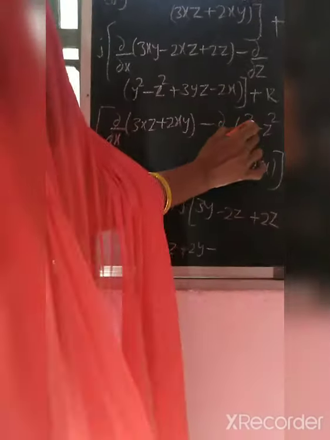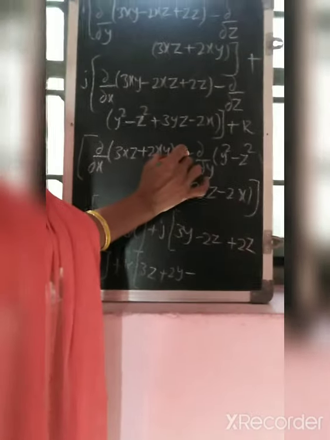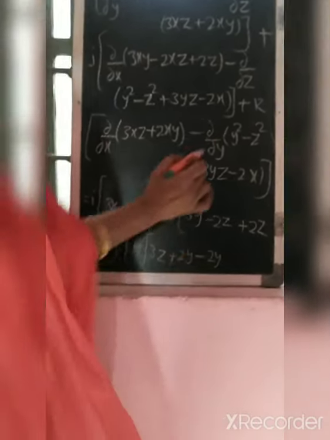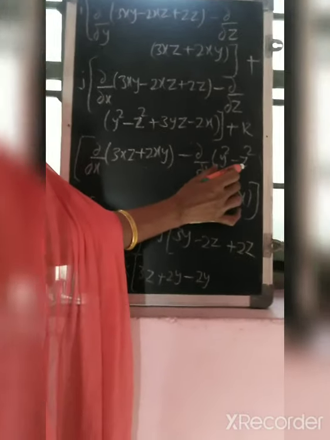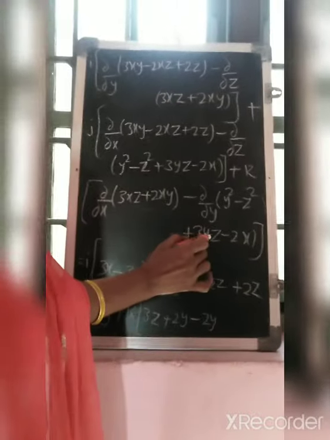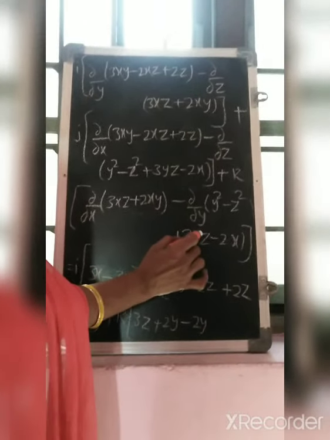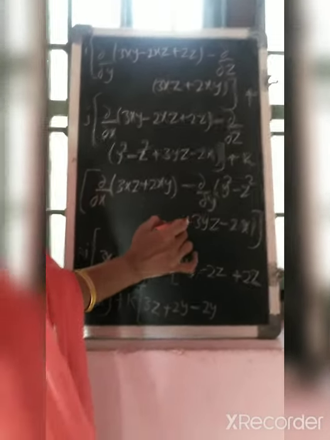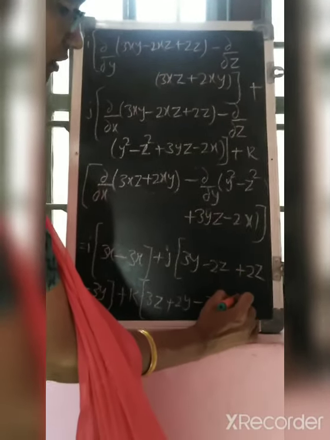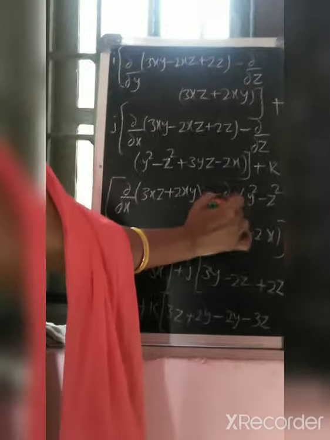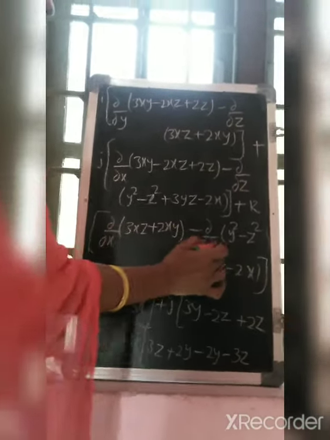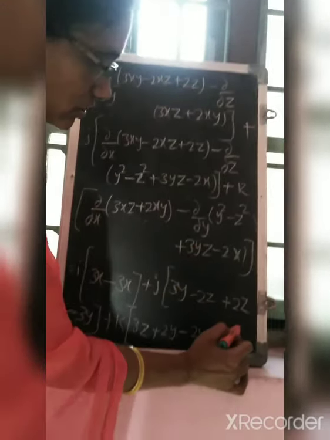Y square gives 2y and this is minus, so that is minus 2y. With respect to y, minus z square is 0. And 3yz, y is 1, so the value is 3z with a minus sign. And minus 2x with respect to y is 0.